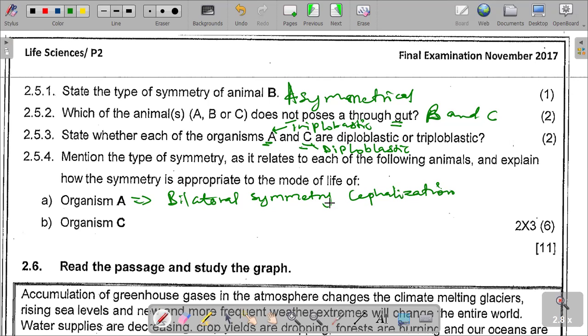As soon as the organism enters into a new environment, it can sense danger and detect the food.